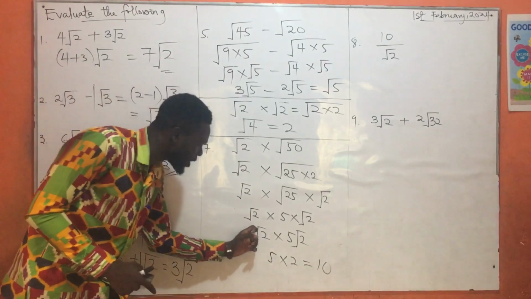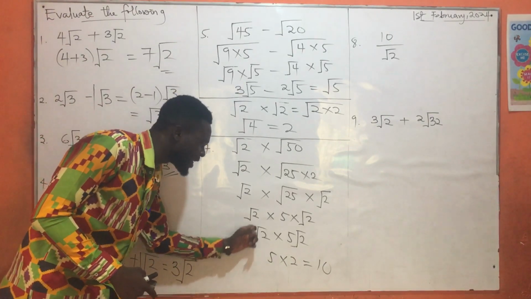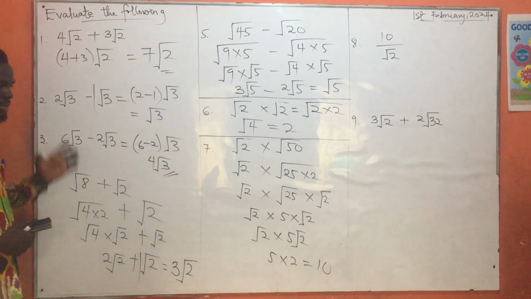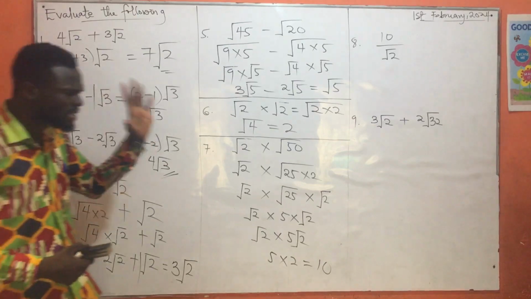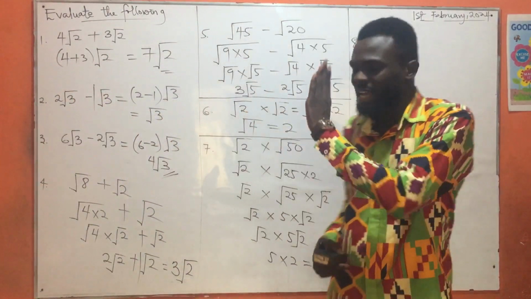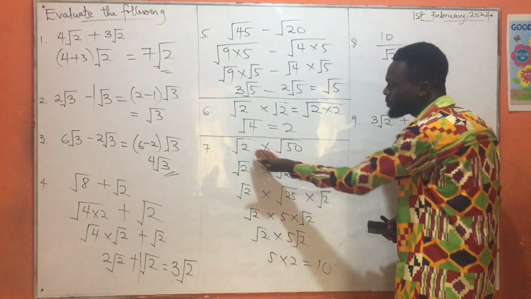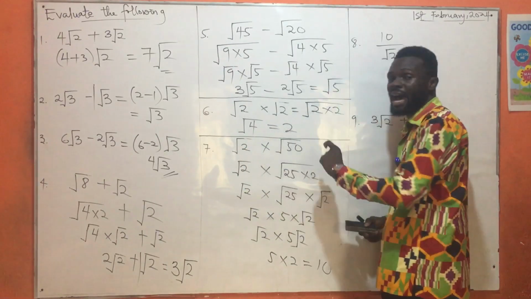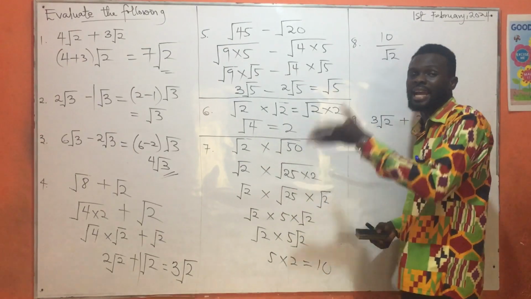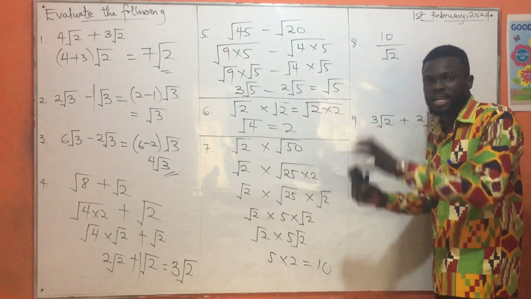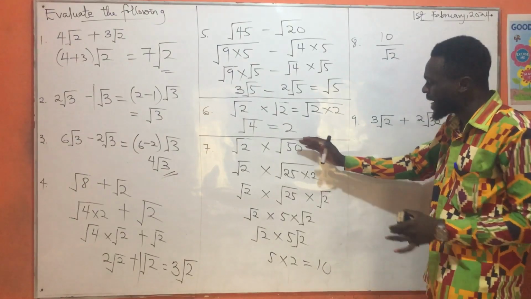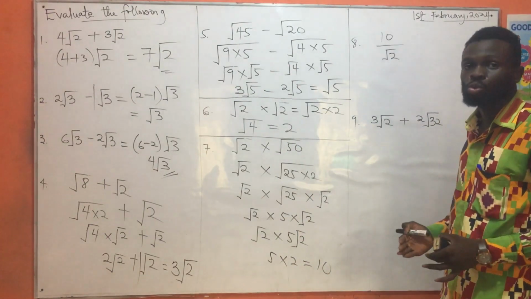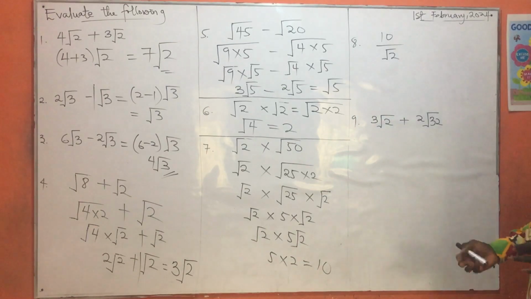So if there was a coefficient here, it could have multiplied this one and also multiplied the surd. It is very, very simple, and we should understand that when it comes to the multiplication of surds, we should make sure that the surds are in their basic or simple forms. Once they are in their basic forms, calculation becomes easier to work with.